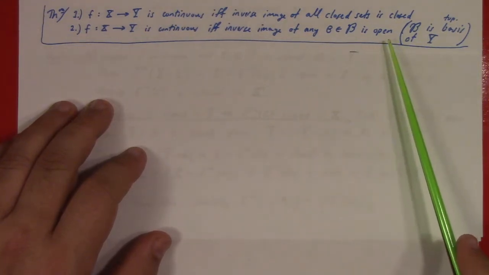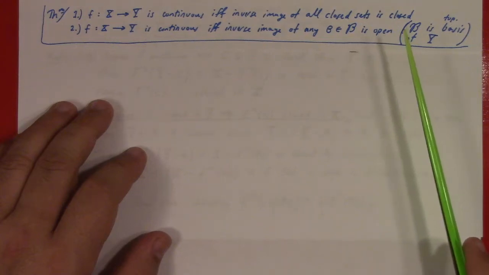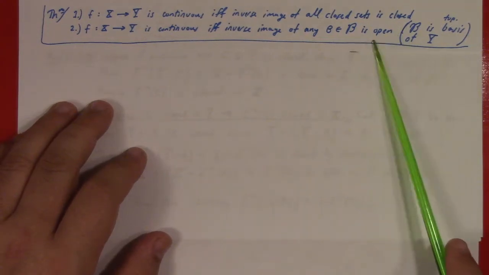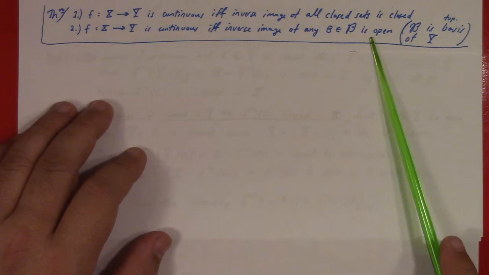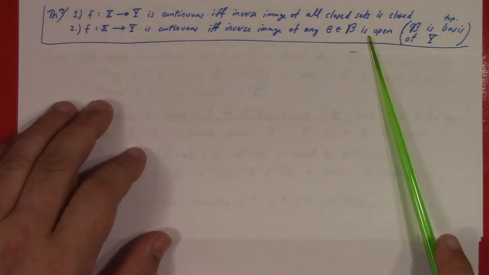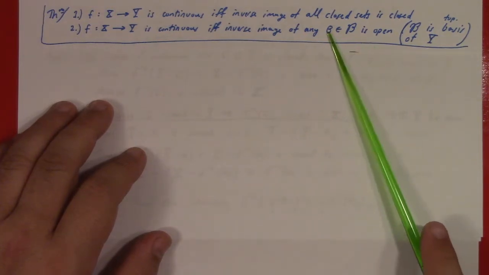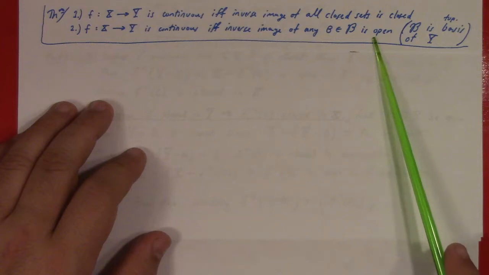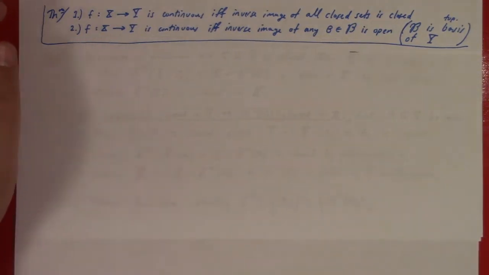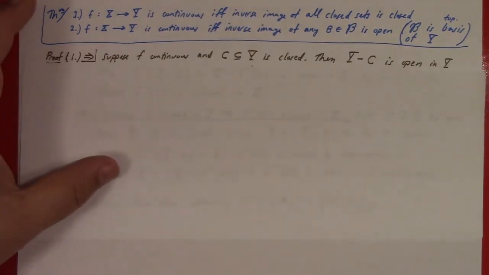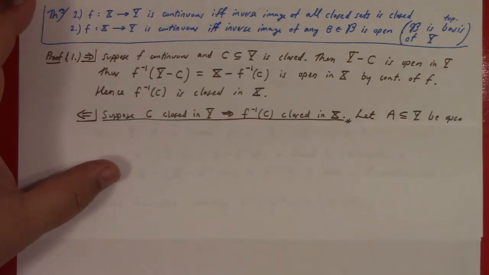So it suffices to check that the inverse image of closed is closed, or if you have a basis handy, if you can check that the inverse image of arbitrary sets in your basis for your topology are open, that will also do. Okay, here's the proof of that.